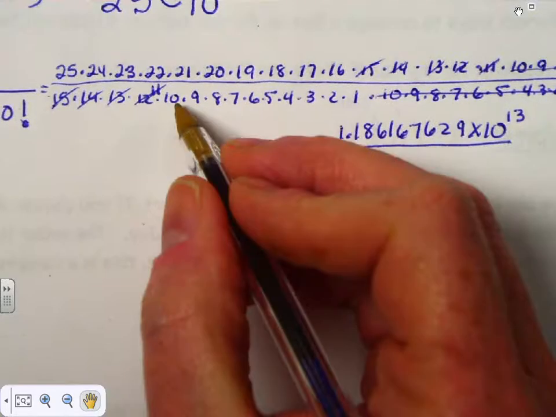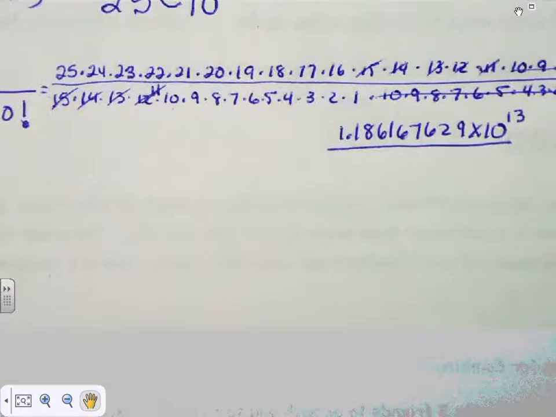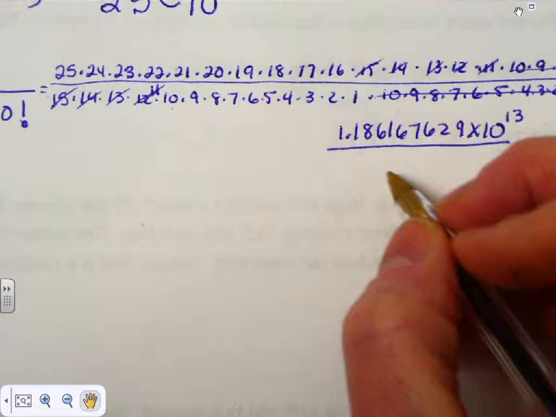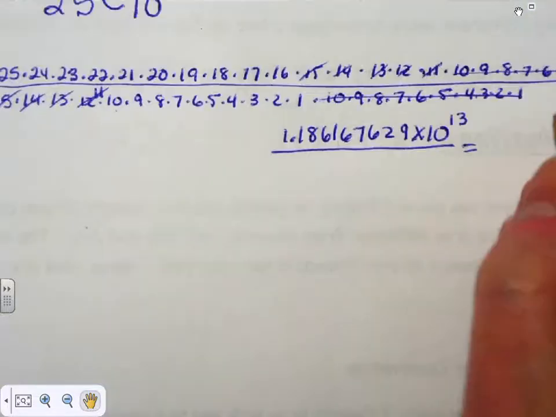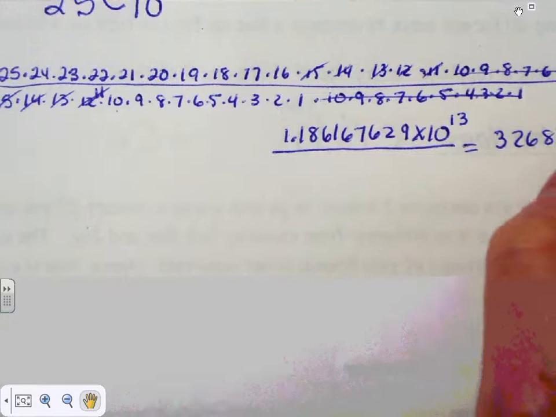let's see, so I have 10, 9, 8, 7, 6, 5, 4, 3, 2, 1. I don't really know what that number is, but I got my answer, 3268760.